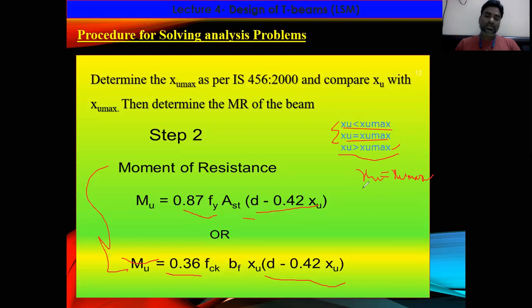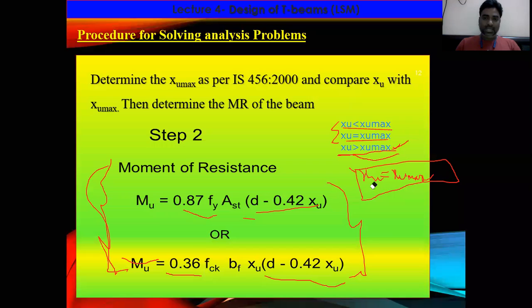So use the same equations for determining the moment of resistance by replacing xu with xu max. If it is an over reinforced section, that is very important, you should remember this criteria also. So all these things are valid if the depth of neutral axis is within the flange.